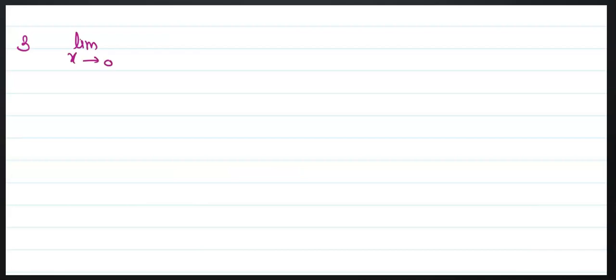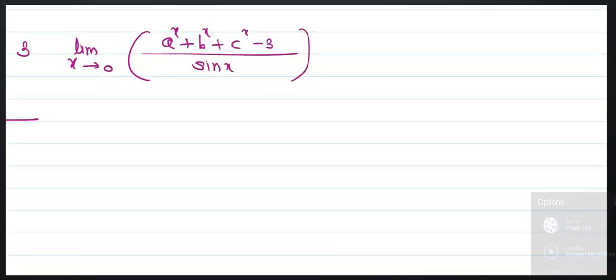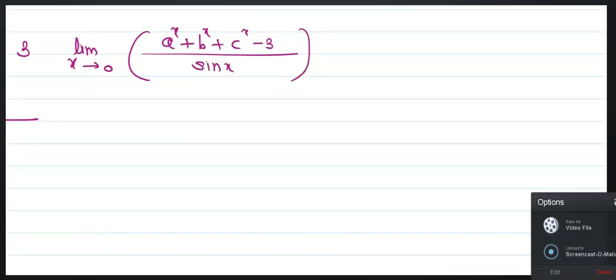Now see the next example. Limit x tends to 0, (a^x + b^x + c^x − 3)/sin x. Every time, if you have practice and by seeing the examples, you will get the idea of how to solve the example.